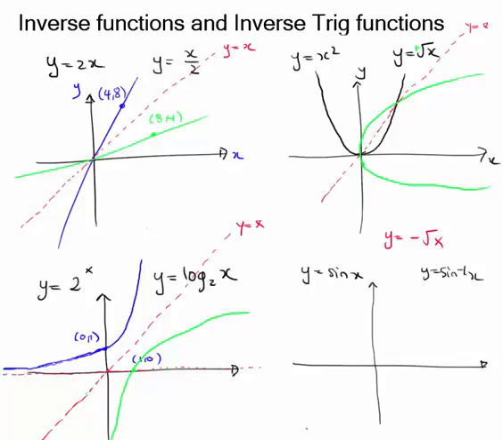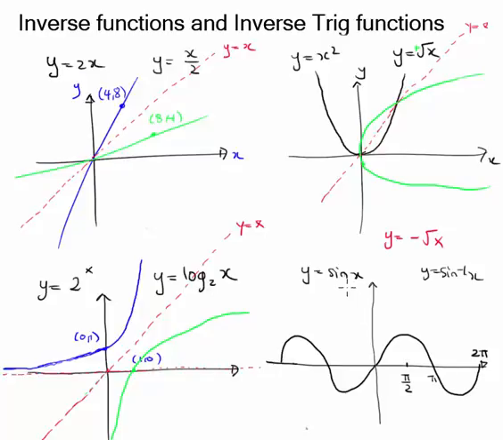Sine of x is going to be, as you know already, like this. So that's 2 pi right here, and that's pi, and that's pi on 2. And toward the negative x-axis, it's just a continuation of the same looking curve. So that is the graph of the sine function.